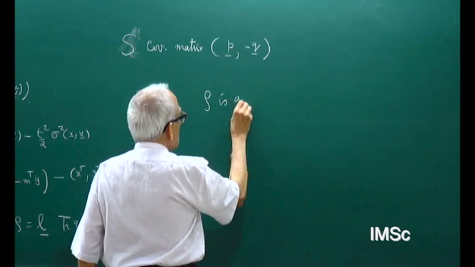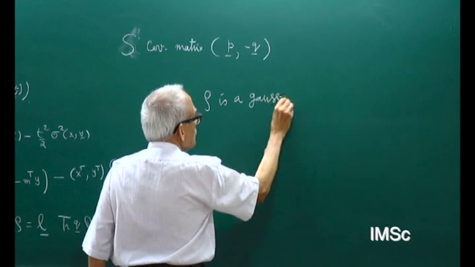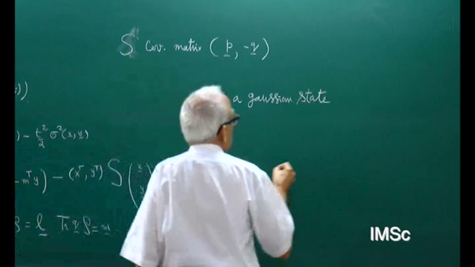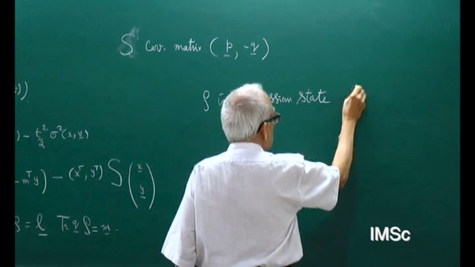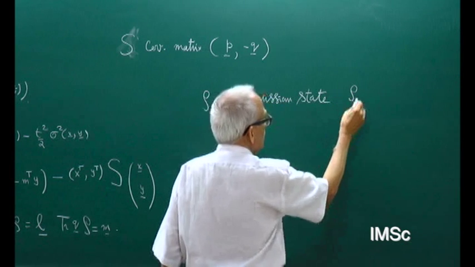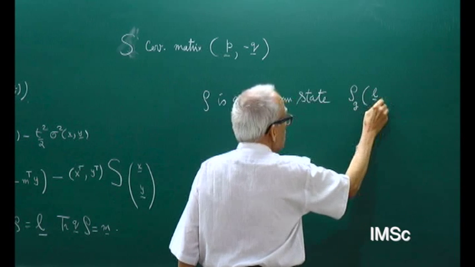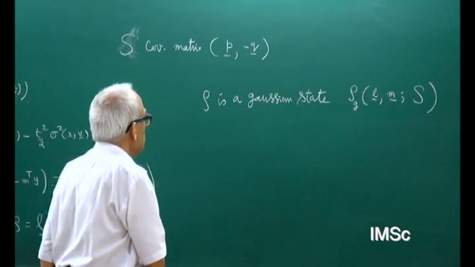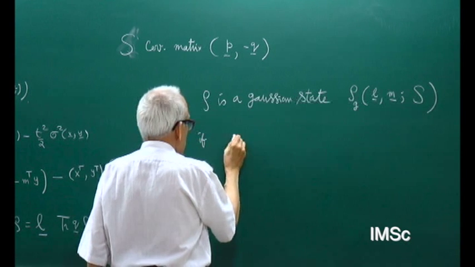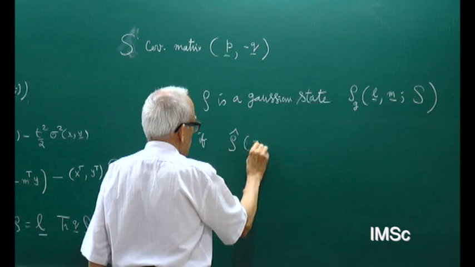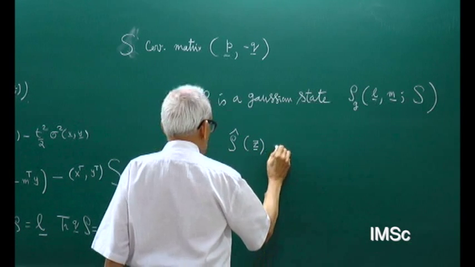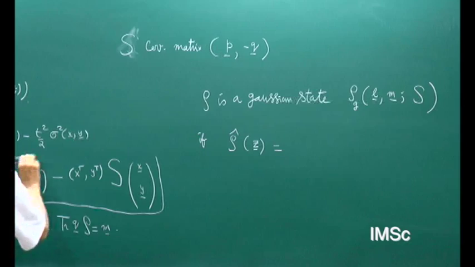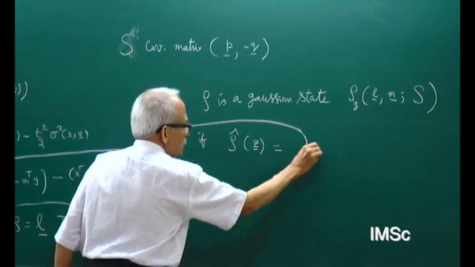Rho is a Gaussian state if such a formula obtains, namely Gaussian state, which I will denote by rho g, rho Gaussian, with mean value for momentum, mean value for position, and covariance matrix S. I denote that state by S, if the transform rho hat z is equal to this expression.